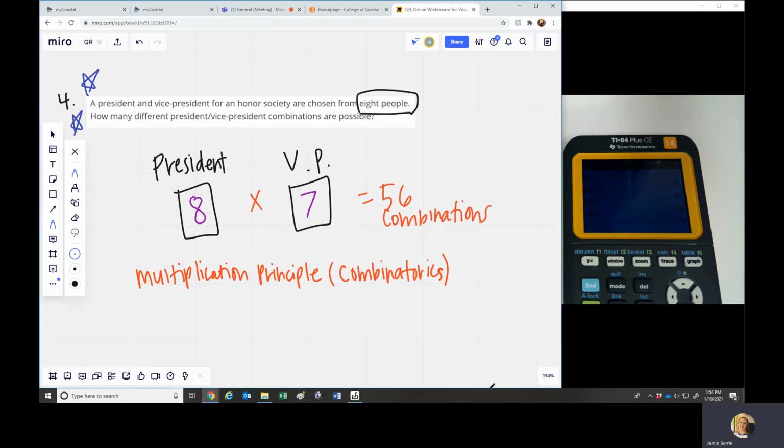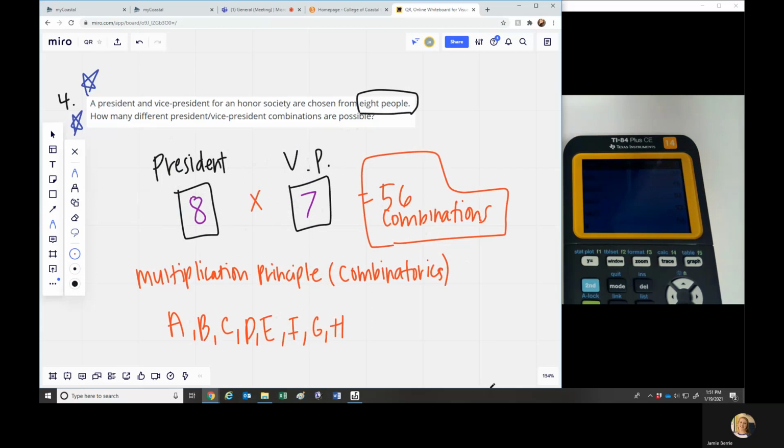Now you could have written out all the different combinations, like for example, maybe identified each person as a letter A through F. Nope, that would be H, right? That would be 8. 1, 2, 3, 4, 5, 6, 7, 8. And then you could have written out all the different combinations for president and vice president.